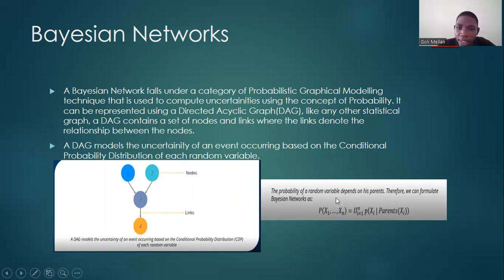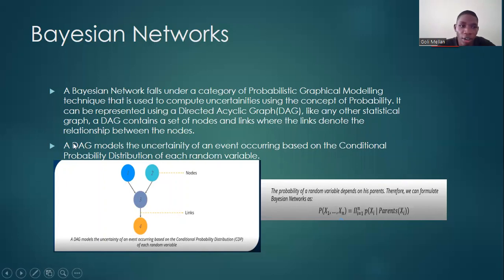The probability of a random variable is dependent on its parents, and therefore we can formulate the Bayesian network with this formula, as you can see. Remember, we're just following probability.